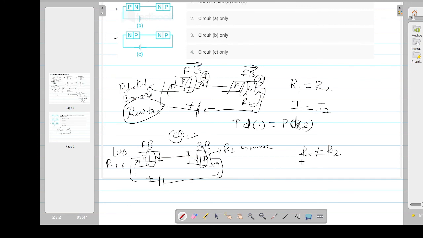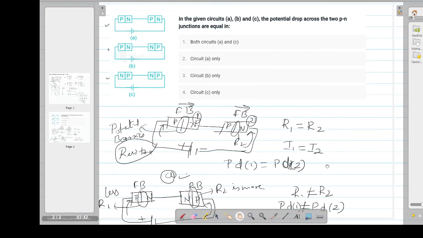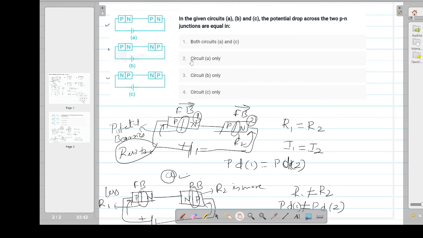So the potential drop across the first PN junction is not equal to the potential drop across the second PN junction. So circuit B is a wrong option. The only one we can get is circuit A, which is present in option number 2.